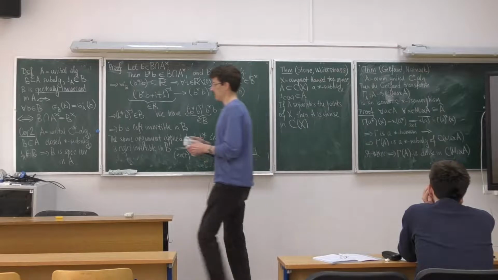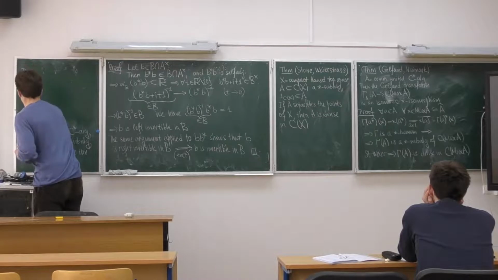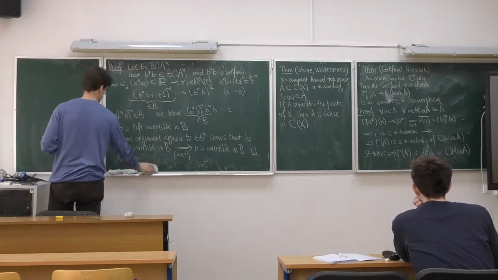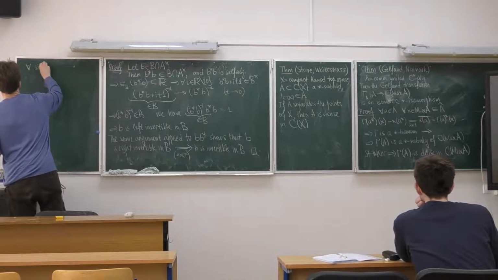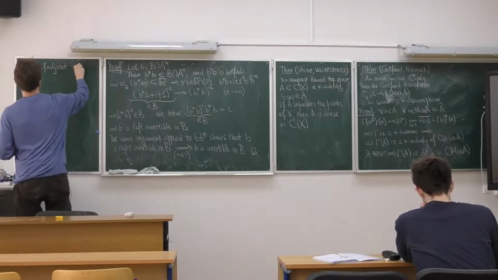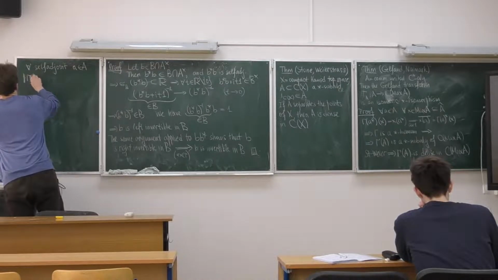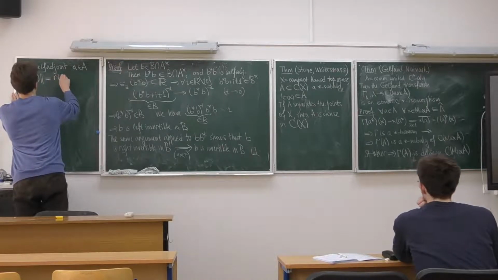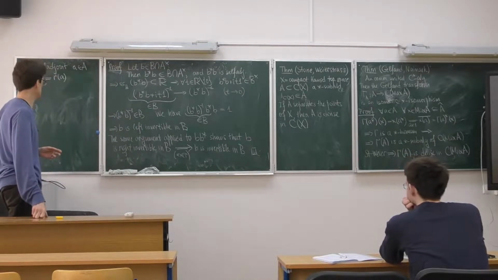Okay, and let's now show that gamma is an isometry. To show that gamma is an isometry, again we start with a self-adjoint element. So for every self-adjoint element A in A, the norm of gamma of A is equal to the spectral radius of A. This is just one of the properties of the Gelfand transform, which was proved at the previous lecture.